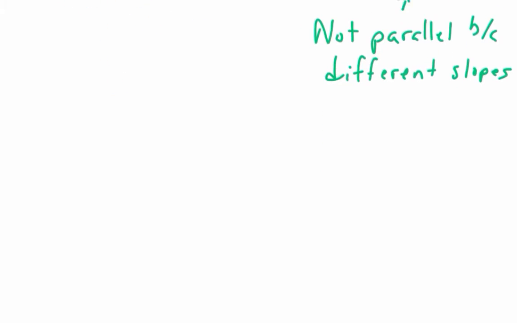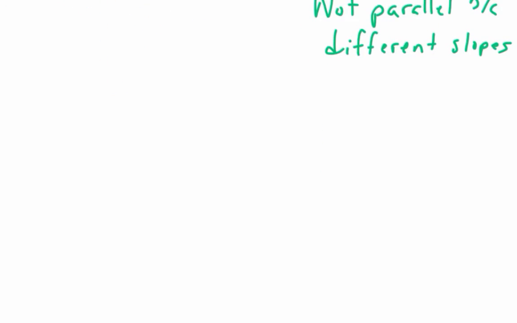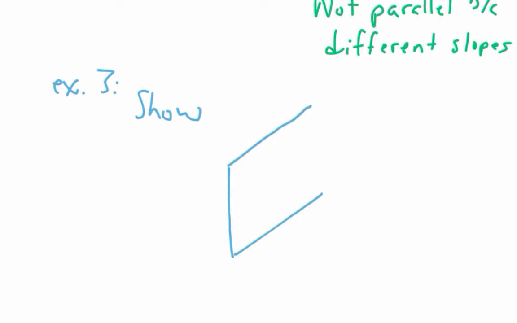Third example, and this here gets a little bit tougher. They say show this here is a parallelogram. So go with an object, something like this here. Show that it is a parallelogram.